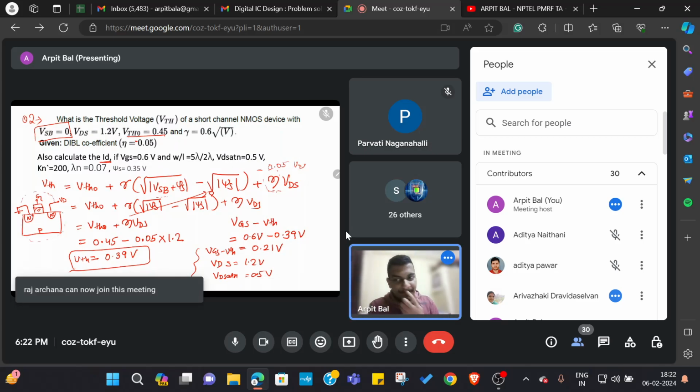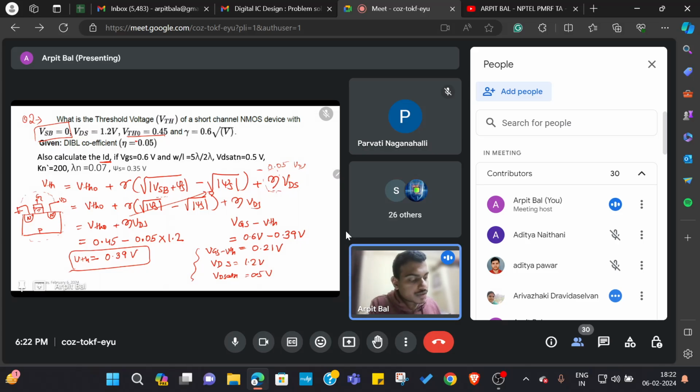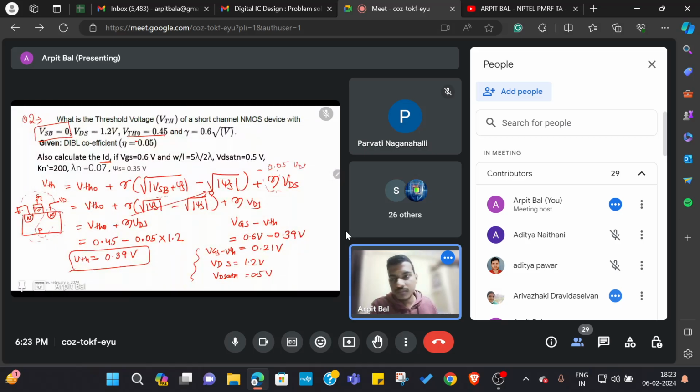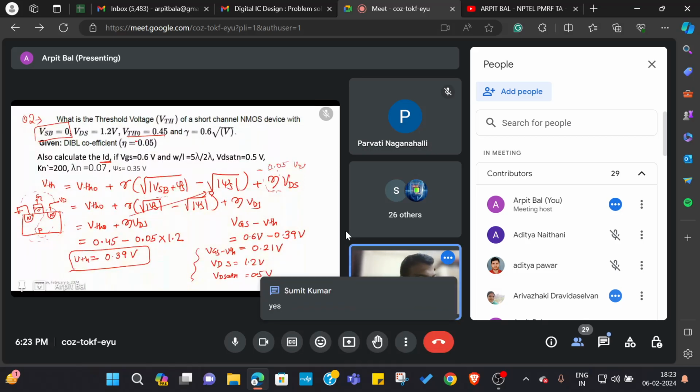Here, VTH is basically the amount of gate voltage that needs to be applied for the channel formation, right? If VD is going to be positive, you can see that it is basically a PN junction, right? If VD is going to be more and more positive, then the depletion region is going to be wider and wider.